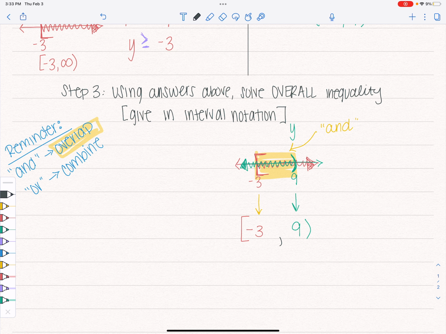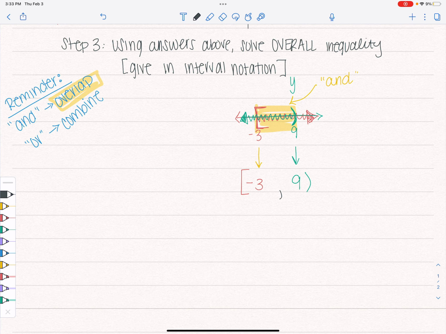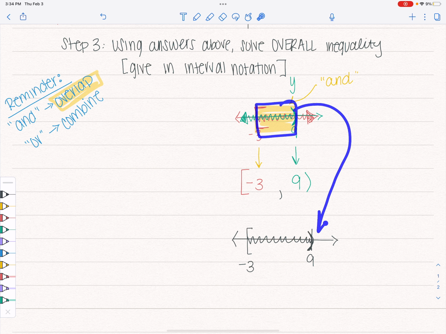And then your graph. The graph for this would be a -3 shaded all the way to 9 with a parenthesis. You would just take that part where they overlap, and that would be the only thing you would have for your overall inequality graph.